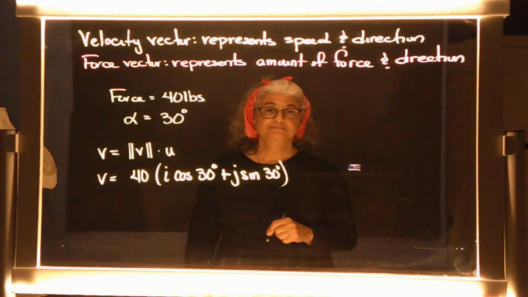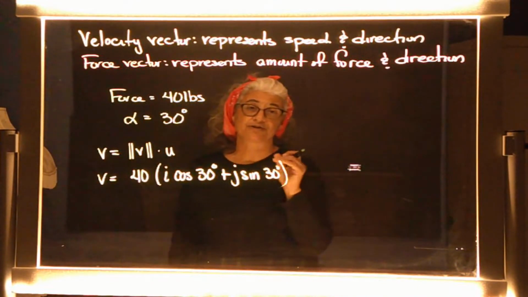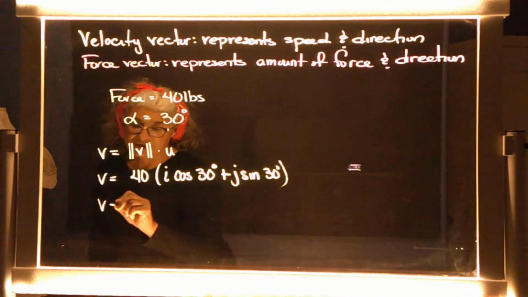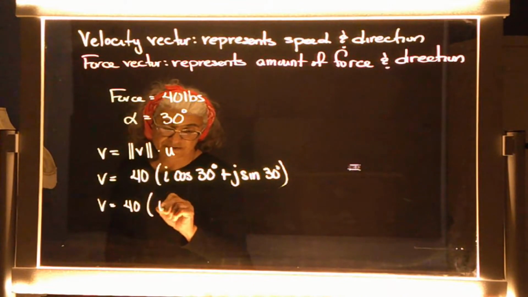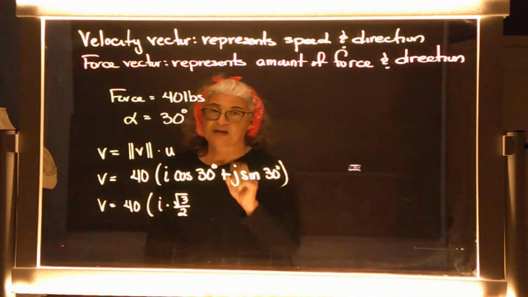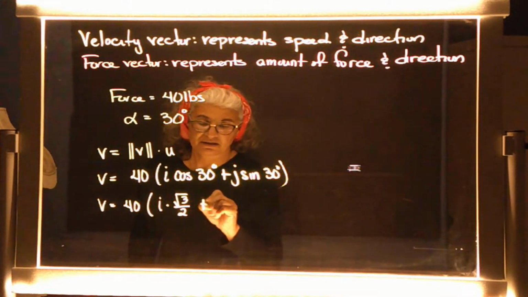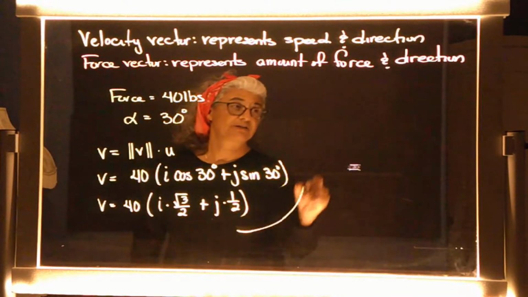Right? And now all I got to do is fill in the gaps. I need to know the cosine of 30 degrees and the sine of 30 degrees. Okay. Do you got it? Do you know the cosine of 30 degrees? Good. Square root of 3 over 2, right? And the sine is 1/2. And I'm going to bring this up over here.